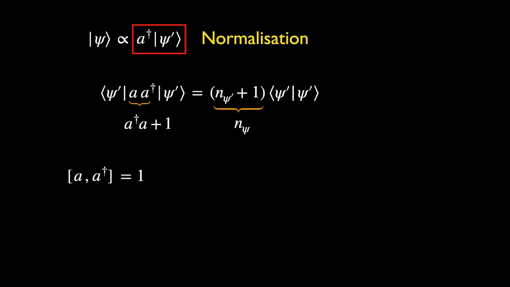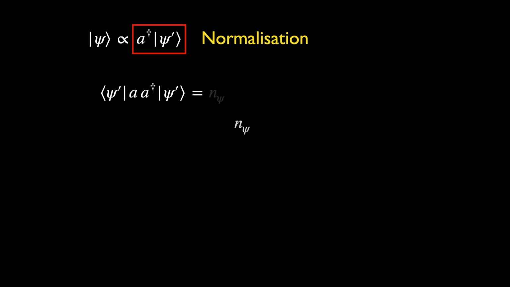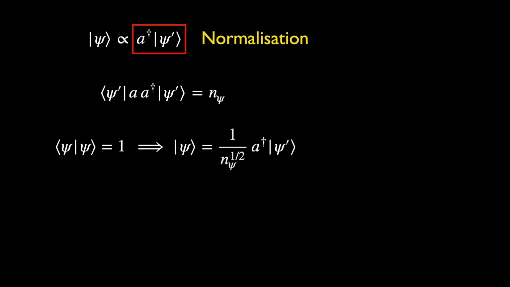Here, we shall assume that the state psi prime is normalized. So the inner product of A dagger psi prime with itself is n psi. This means if we want the state psi to be normalized, we need to pair the vector A dagger psi prime with a factor of 1 over the square root of n psi.